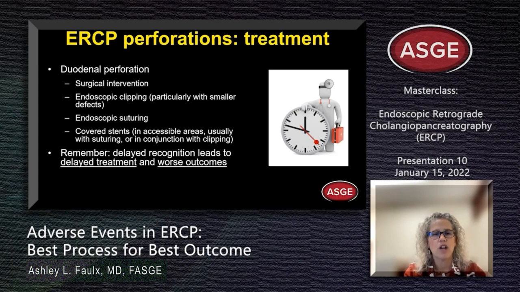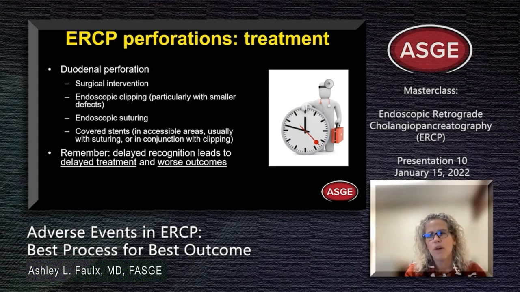At our institution, I have not done much endoscopic suturing, but I have surgeons who do, so we oftentimes will call them and they can come and stitch it up, which is a really nice thing to have. You can also put covered stents in, but that's a little challenging depending upon where your perforation is. If it's in the duodenal bulb, it's pretty hard to seal off with a covered stent and hope that it stays in place. So these are areas where you would think about an over the scope clip or suturing.